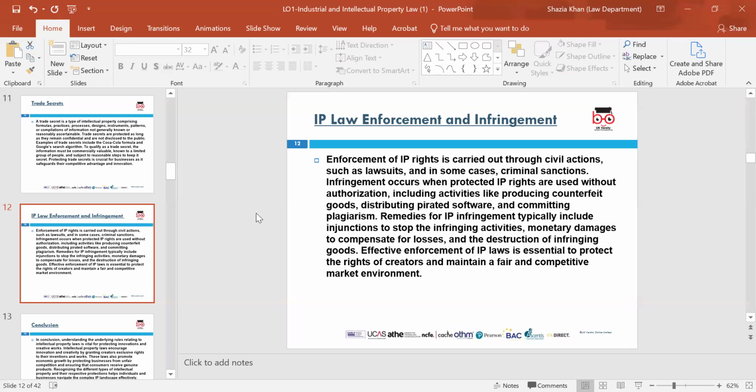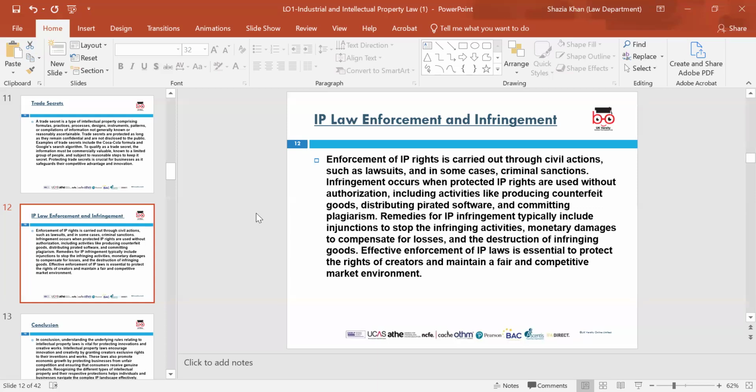Enforcement of intellectual property rights is carried out through civil actions, such as lawsuits, and in some cases criminal sanctions. Infringement occurs when intellectual property rights are used without authorization, like we said, without having permission.